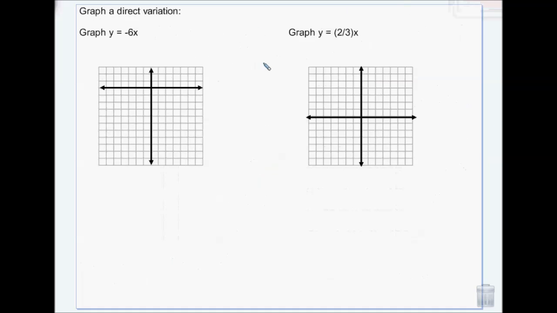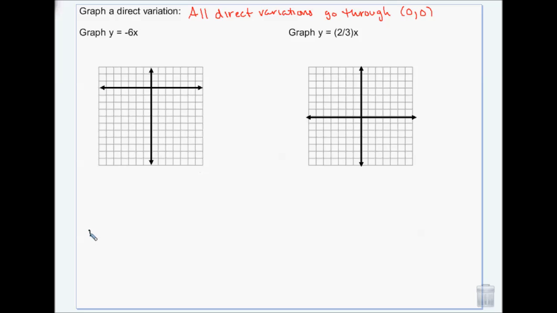To graph a direct variation, every direct variation, if it's of the form y equals kx or y equals mx, goes through the point 0, 0.